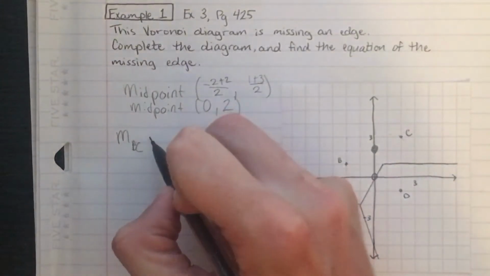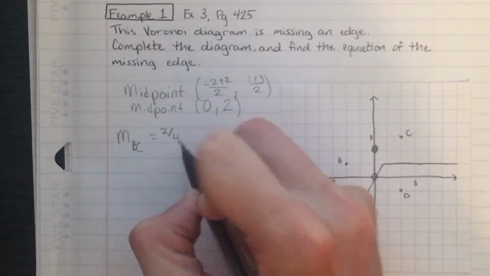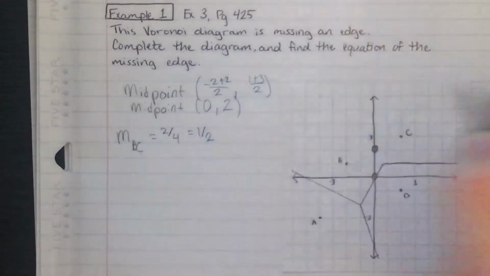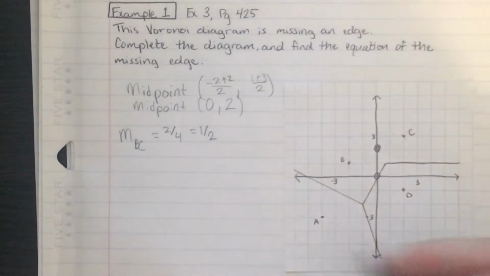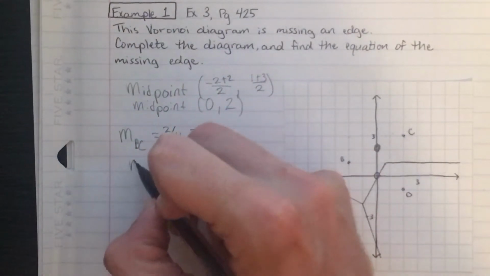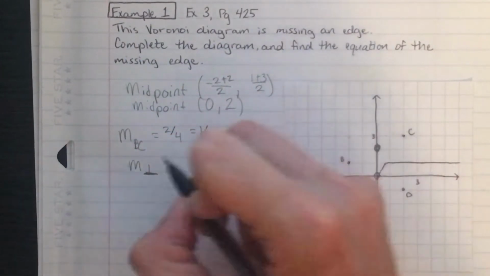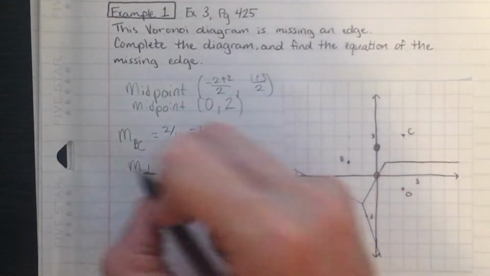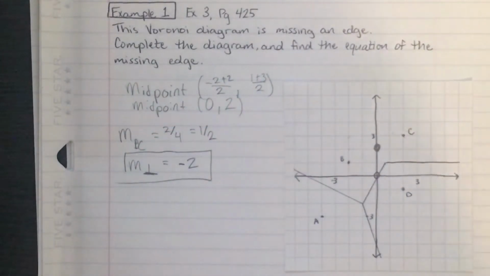That's going to be 2 over 4, which is 1/2. The perpendicular slope here is going to be the flip of that, the negative reciprocal, so it's going to be -2.